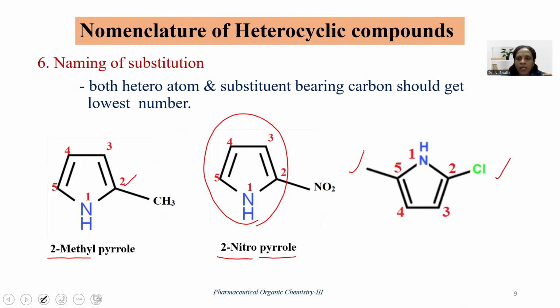So that is why the halogen-bearing carbon we should give number 2, and then 3, 4 and 5 to the carbon bearing the methyl group. So the name of this particular molecule becomes 2-chloro-5-methyl pyrrole. This is how we have to name and number the ring system in case of heterocyclic compounds.